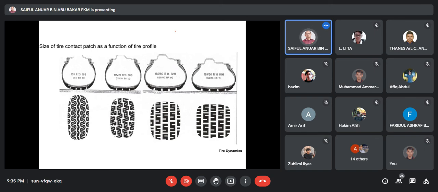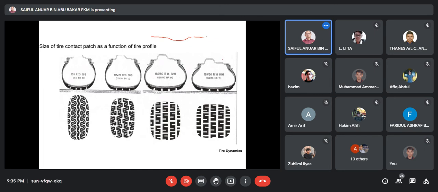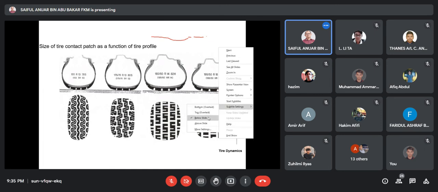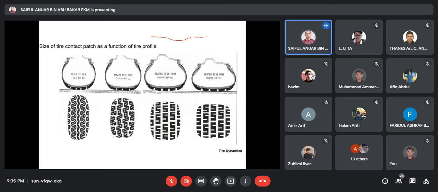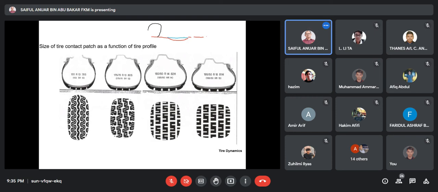Okay, if I want to draw this aquaplaning, let's say this is just a small amount of water, and this is your tire.